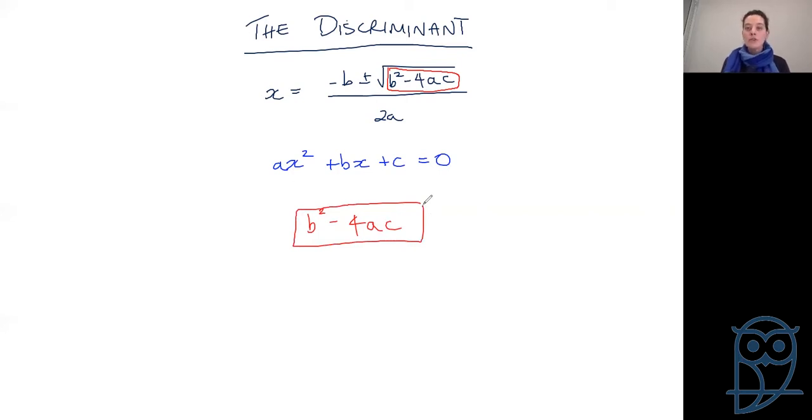And those 3 different options have a dramatic impact on the answers to this equation that we're solving, this ax squared plus bx plus c equals 0. And that is why the discriminant is such an important piece in understanding the roots for the quadratic. So it's not going to give us the answers, it's going to tell us about the answers.